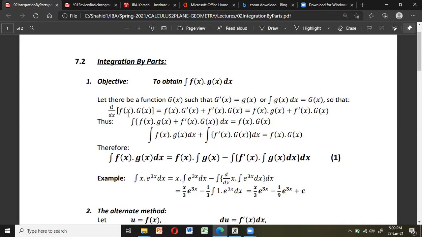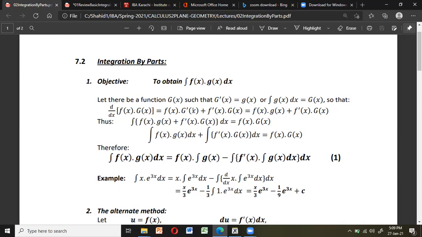When we take the derivative of fx into capital Gx, what we get using the u into v technique of derivative: first function as it is, derivative of second function, plus derivative of first function, second function as it is. Now G prime we have taken as small g, so fx into gx comes here.